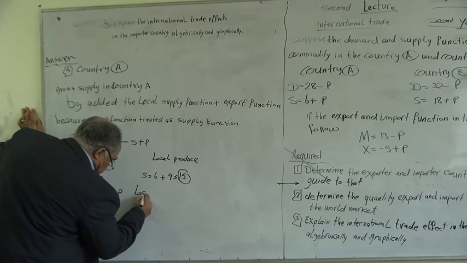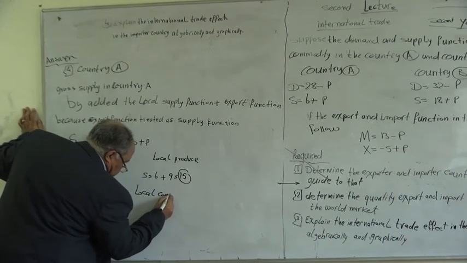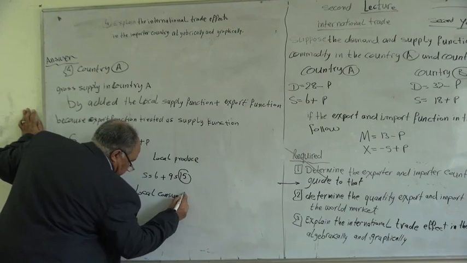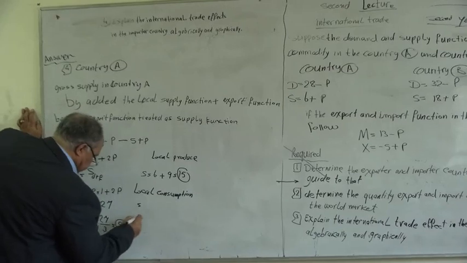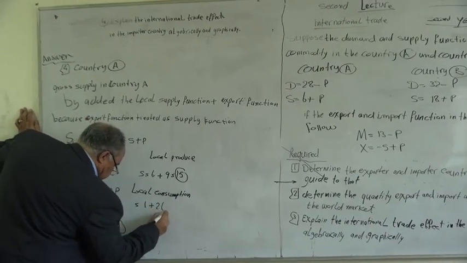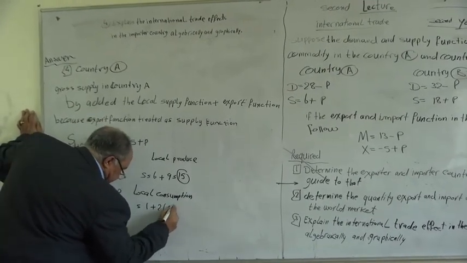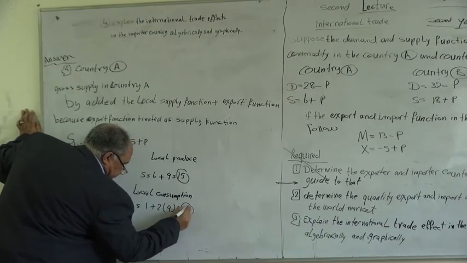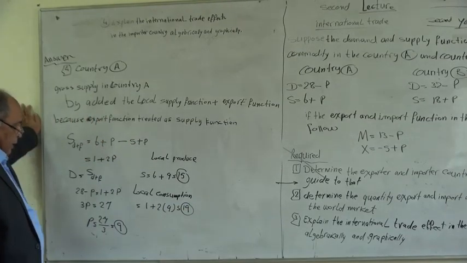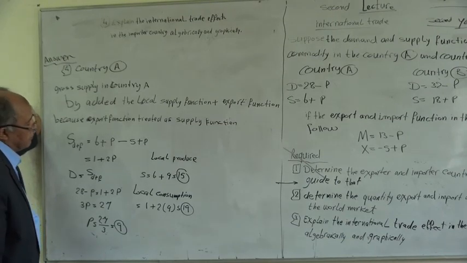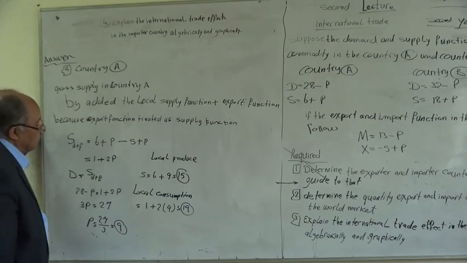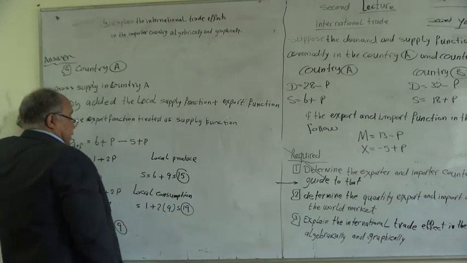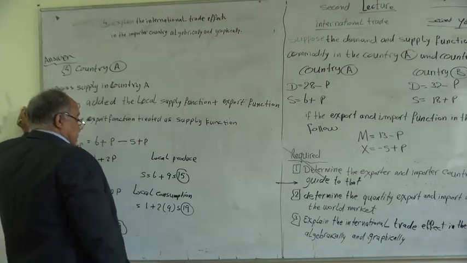The local consumption equals 19. This means the consumption before trade is equal to 17, but the consumption after trade equals 19.